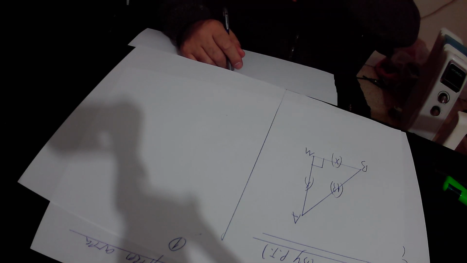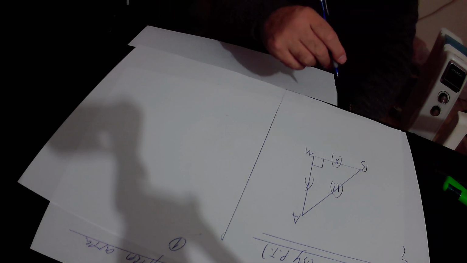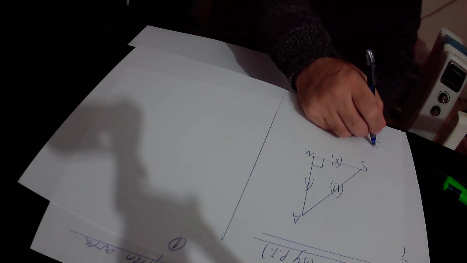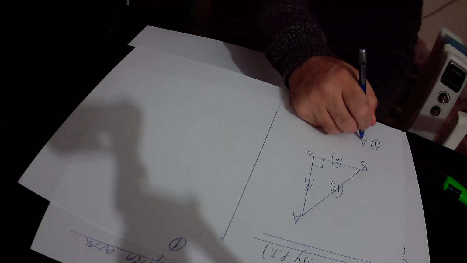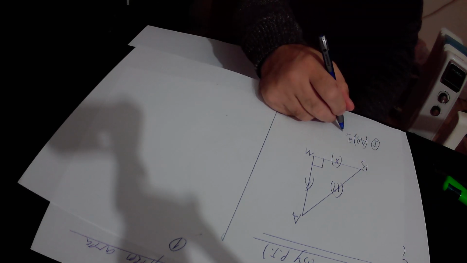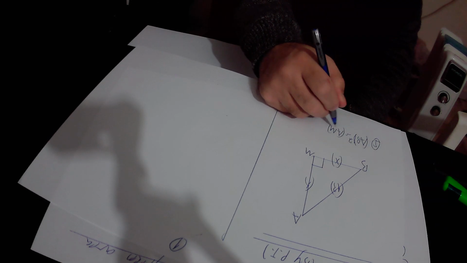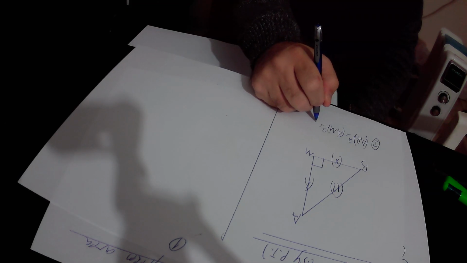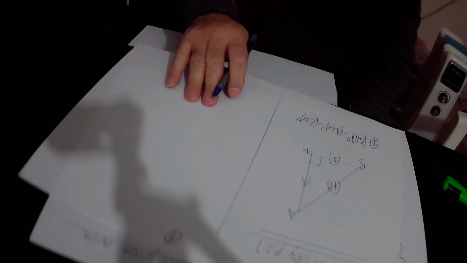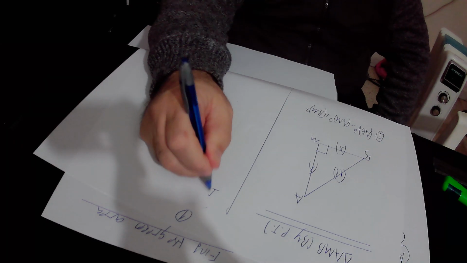Again, by PT, a version of the Pythagoras theorem, in this right triangle ABM we get that AB squared equals AM squared plus BM squared.